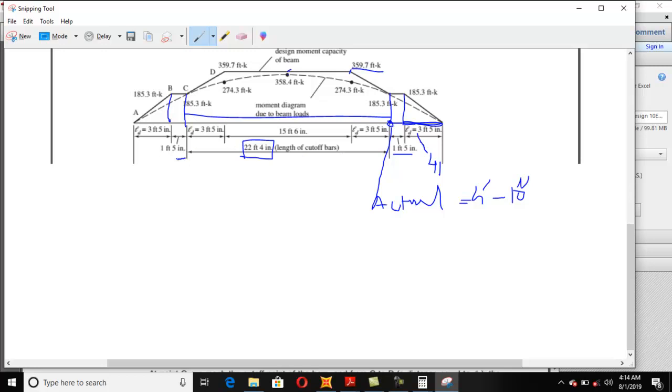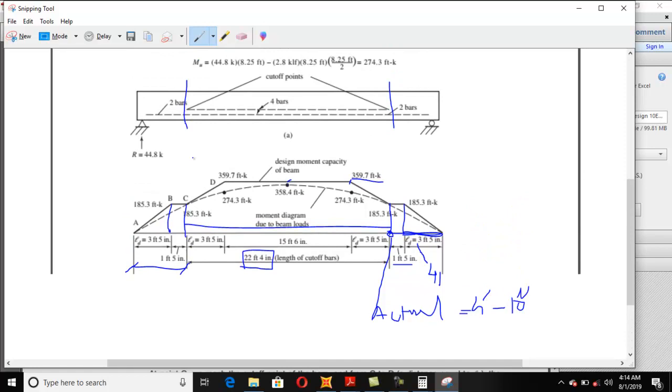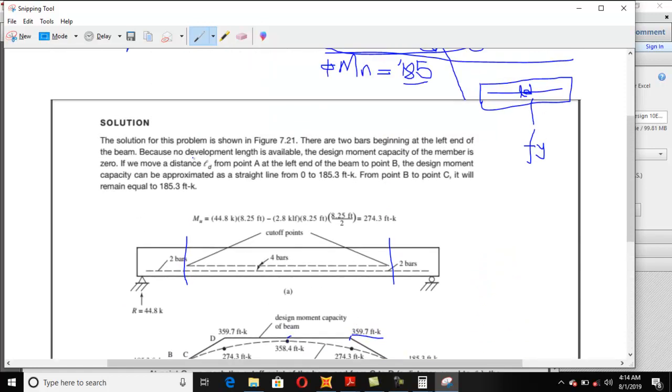Behind this point, there are 2 number 8 bars. So basically this kind of calculation you need to ensure. Now if I read this paragraph, the solution for this problem is shown in this figure.